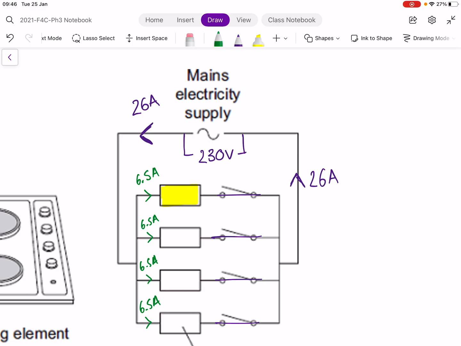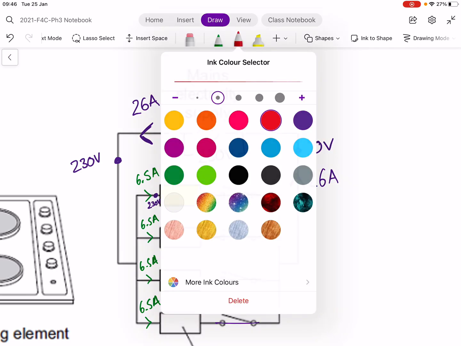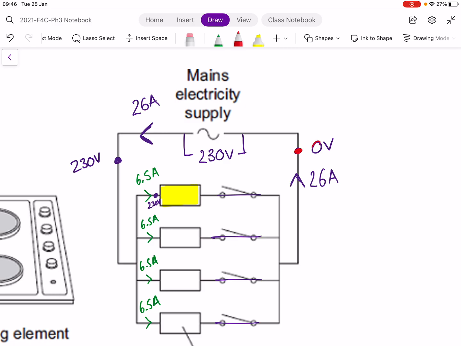Now, think about the voltage. Imagine that we've got a potential here of 230 volts. Then the potential right before the resistor is 230 as well. On the other side, the potential over here is 0 volts. Maybe I should do these in a different color so we can see the voltages in red. 0 volts, 230, and then 230 down here.